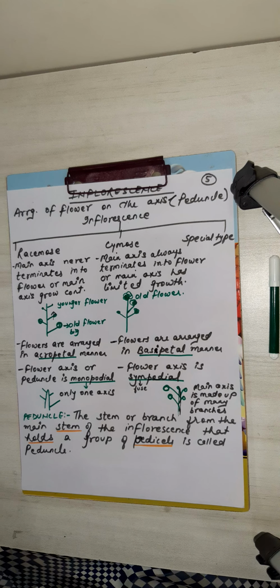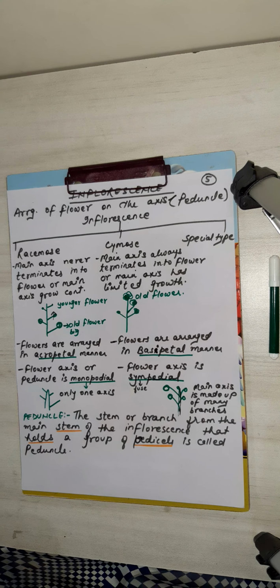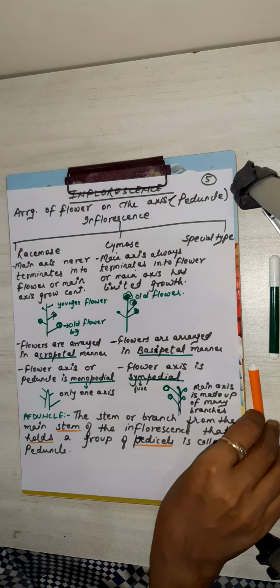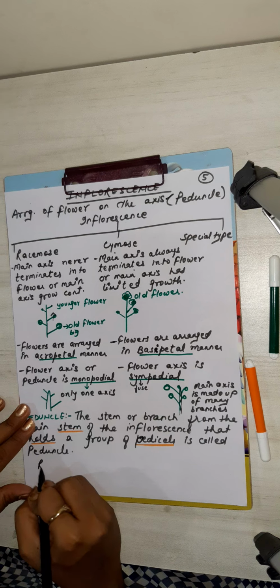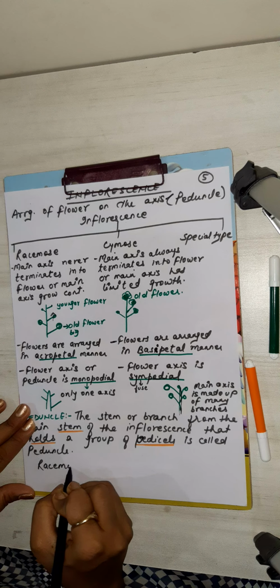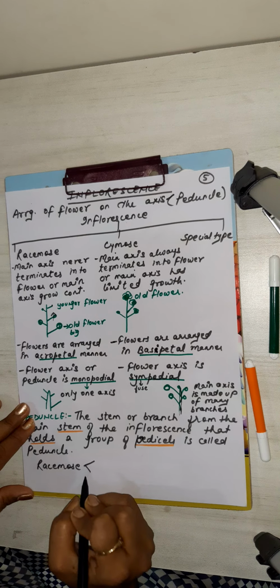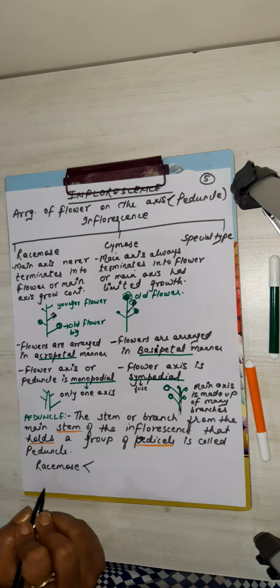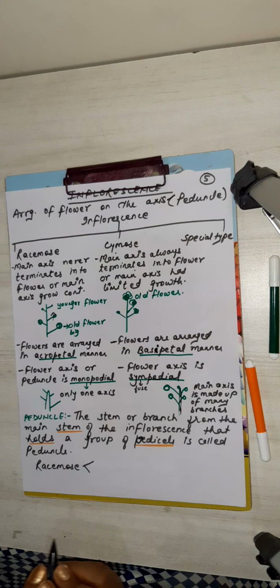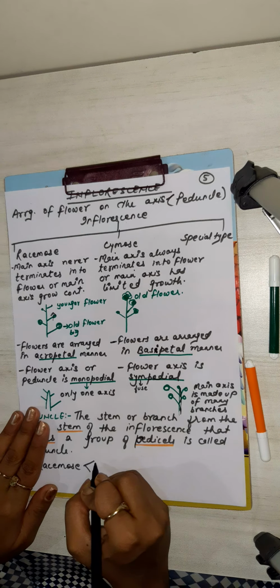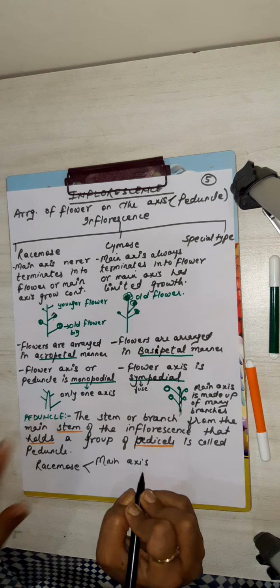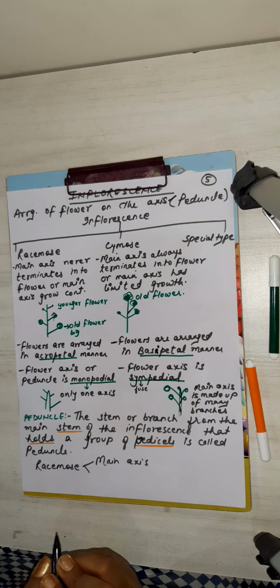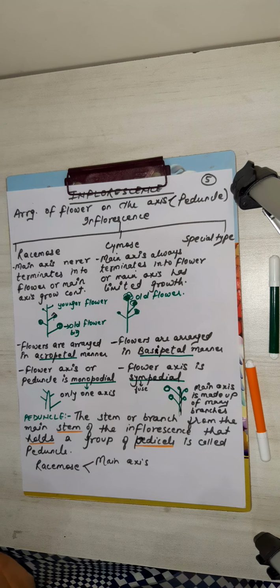First we will start with category. Two categories are there. First is main axis elongated, then main axis shortened.